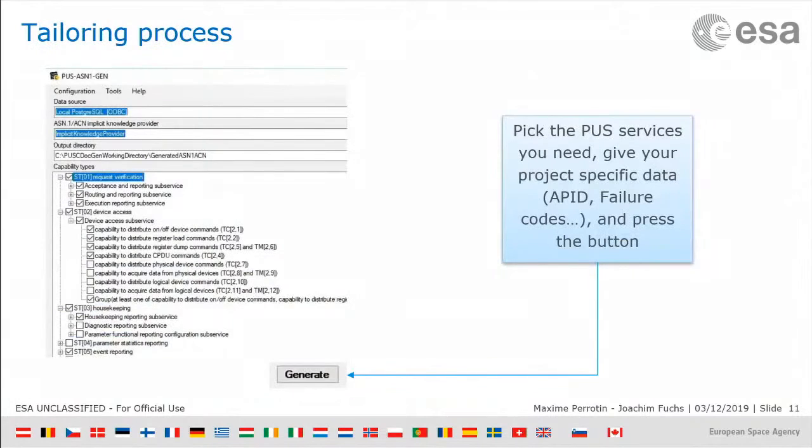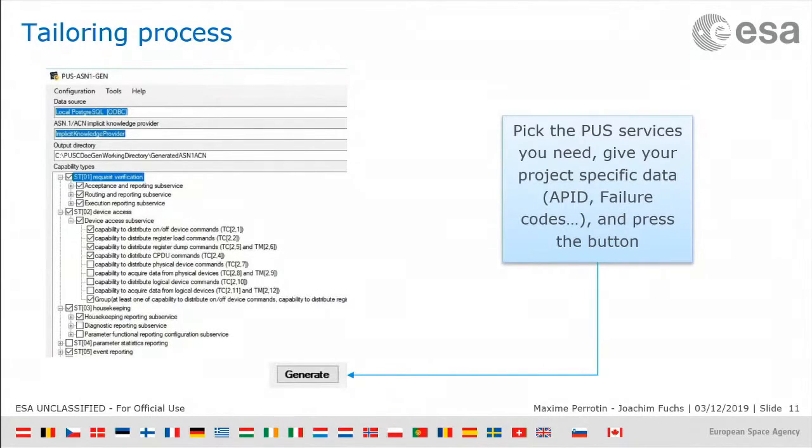Next step is then the tailoring, where basically from that list you select the services which you need, which are required for your particular mission, and you give this project-specific data like the APID, and then the magic happens.